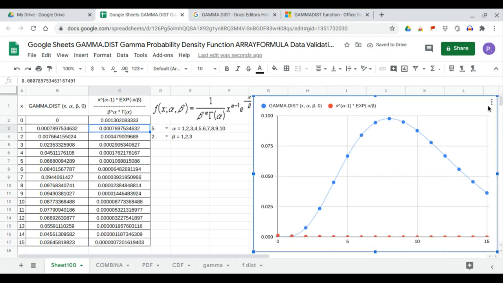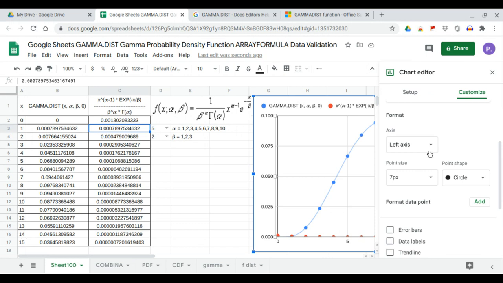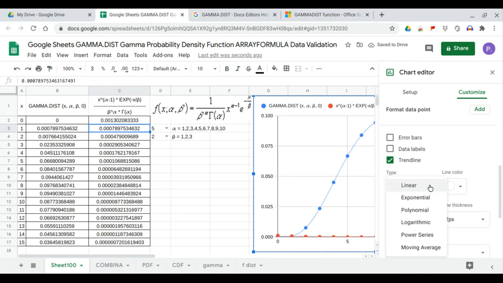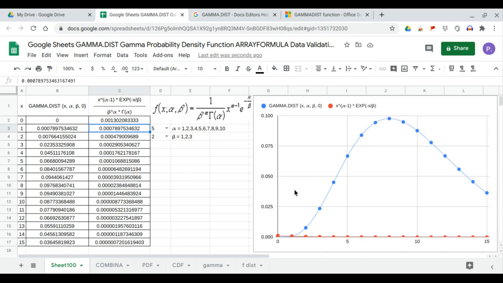And we'll generate the trend line for this. To check the trend line, we use polynomial to the highest degree. Now we have a trend line.